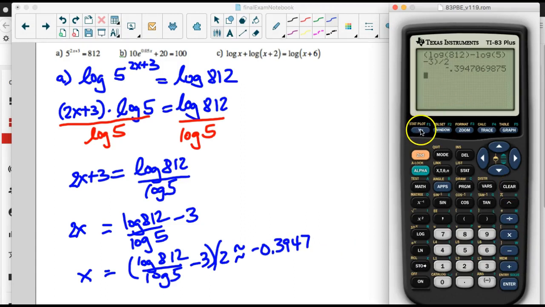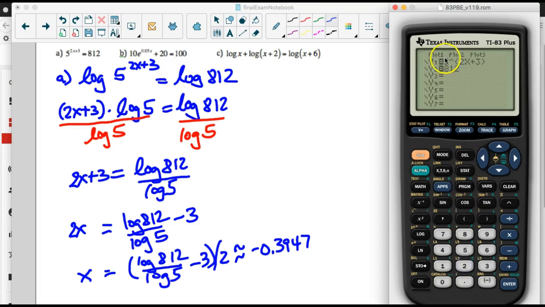Alright, let's verify this by using the graphing function of this. So we would put in the left-hand side of the equation, 5 to the power of 2x plus 3. And then on the other one, we would put 812. That's the right-hand side of the equation.